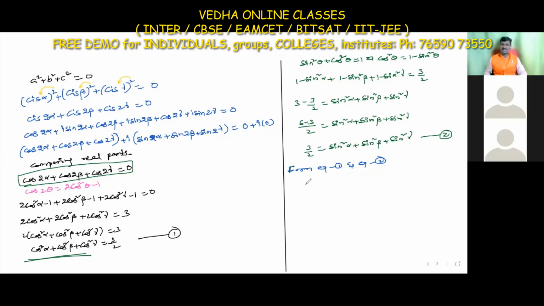Both are equal to 3 by 2, so you can write them together: cos square alpha plus cos square beta plus cos square gamma is equal to 3 by 2, which is also equal to sine square alpha plus sine square beta plus sine square gamma.